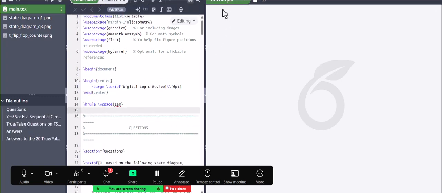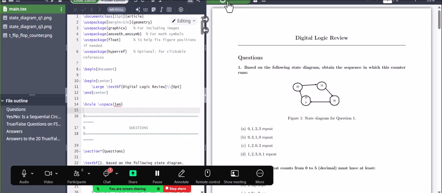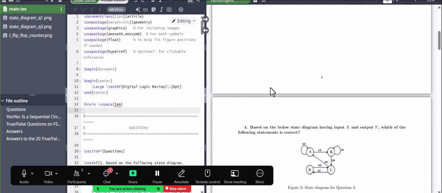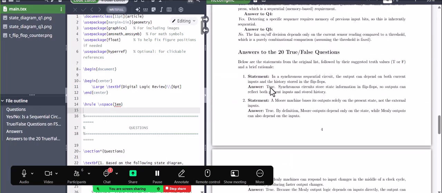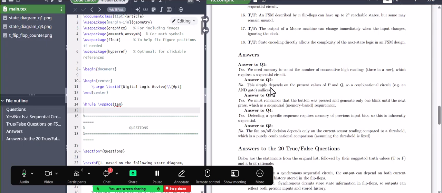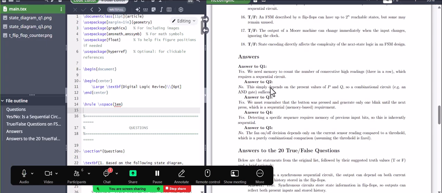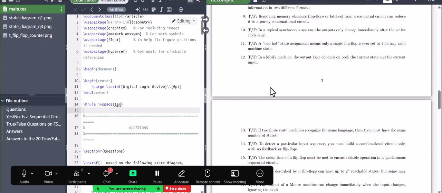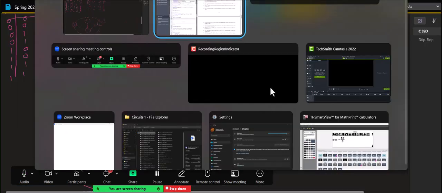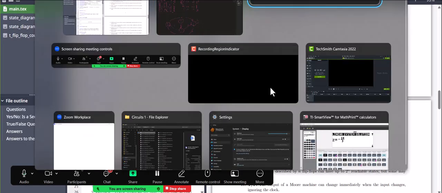Oh, if it's on, that would be positive edge trigger. Here we go. Okay. We said 3 was yes. Now, or negative edge.